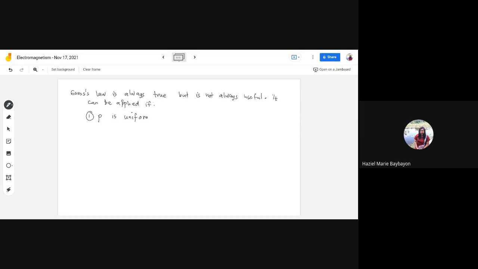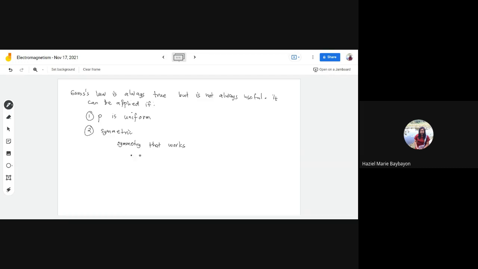So if the charge is uniformly distributed over the volume, the line, or the surface, then we can use Gauss' law. And if the system is symmetric. Okay? So these are some of the symmetric cases that work.